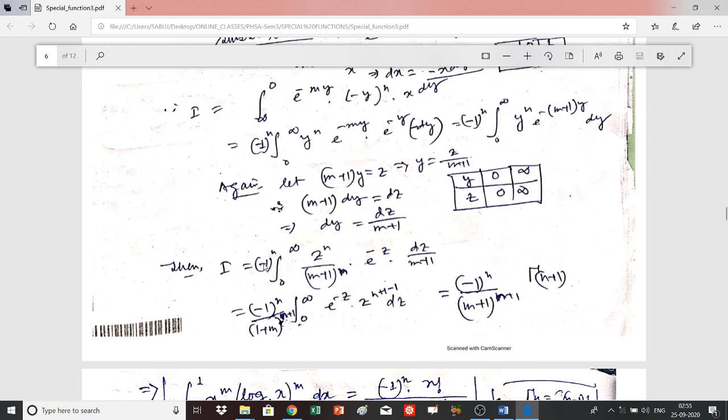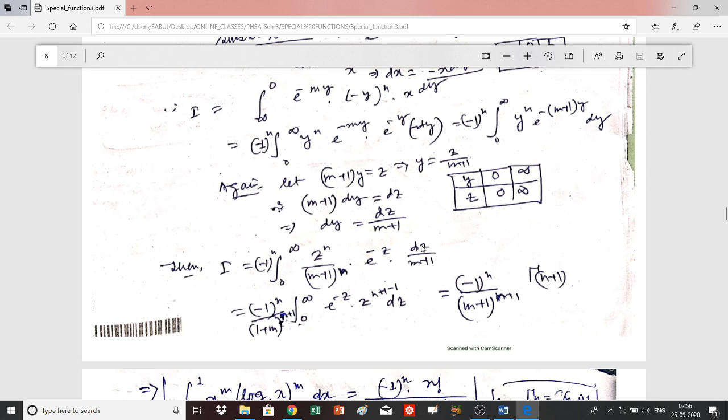So we get minus 1 to the power n, 0 to infinity, and then y to the power n means z to the power n by m plus 1 to the power n, then e to the power minus z, and dy will give you dz by m plus 1.